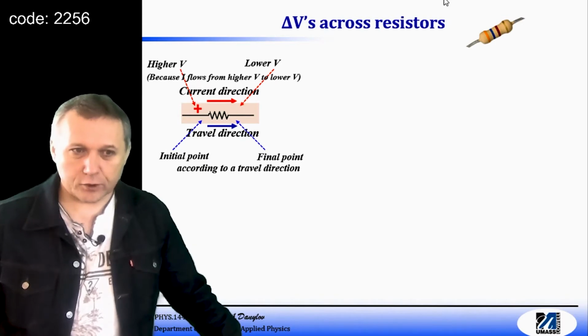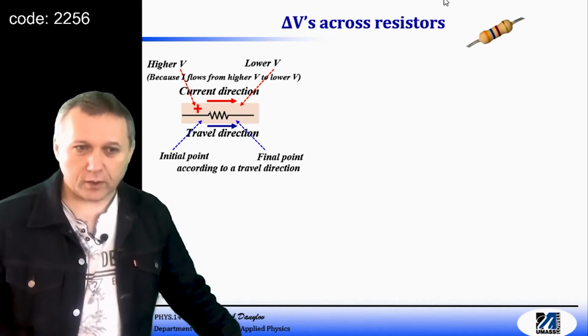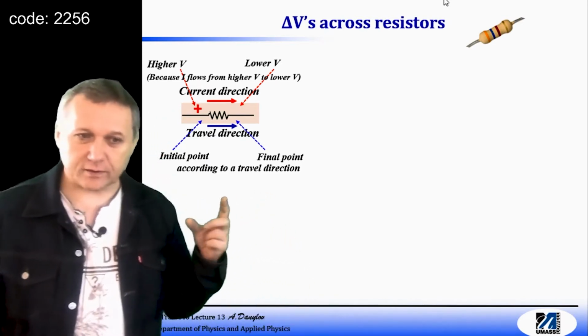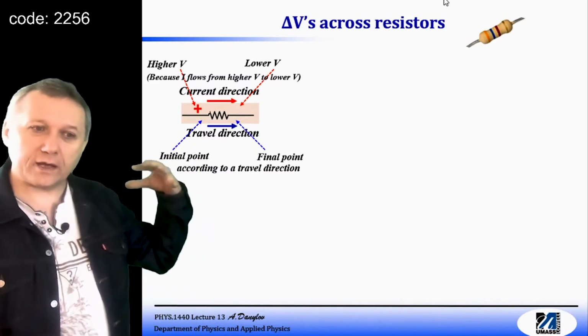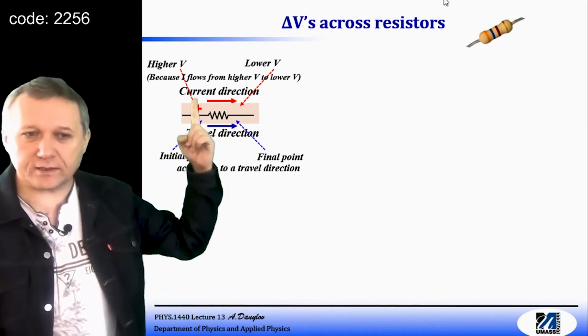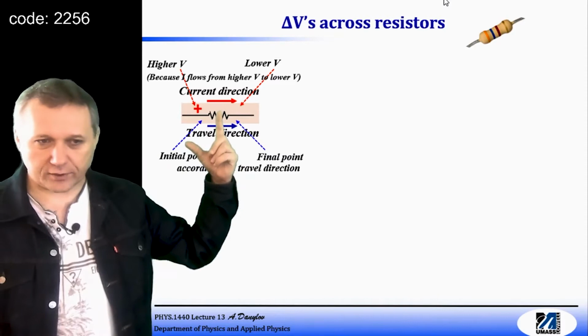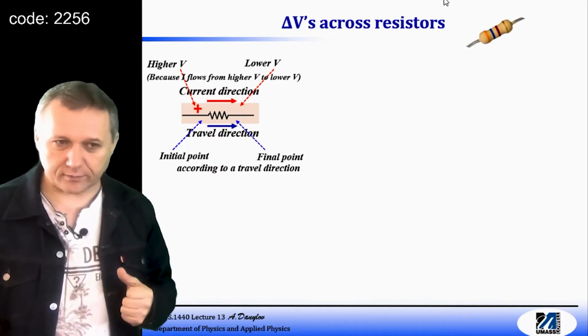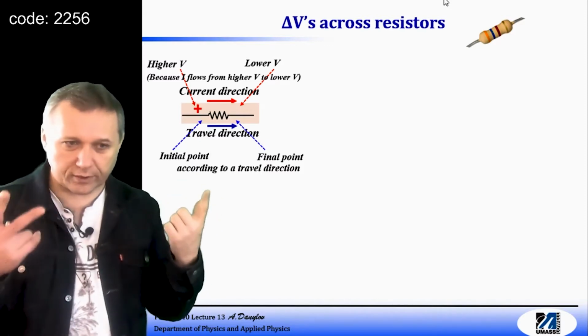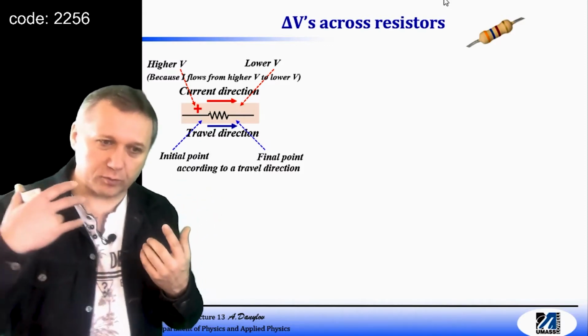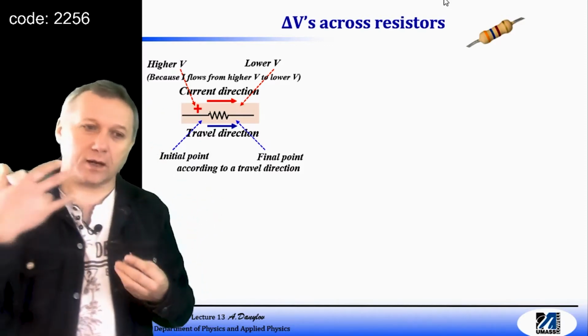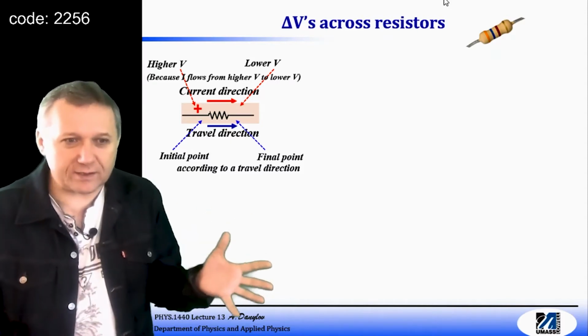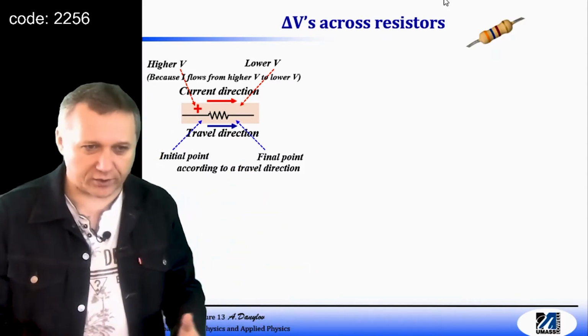All right? So that's why I told you that dealing with resistors is slightly more complicated. When we analyzed batteries, we didn't need current direction, we just needed travel direction. But in order to work with a resistor, we need two directions. Every time we will have to assume a travel direction and then a current direction, and in both cases it doesn't matter which direction.